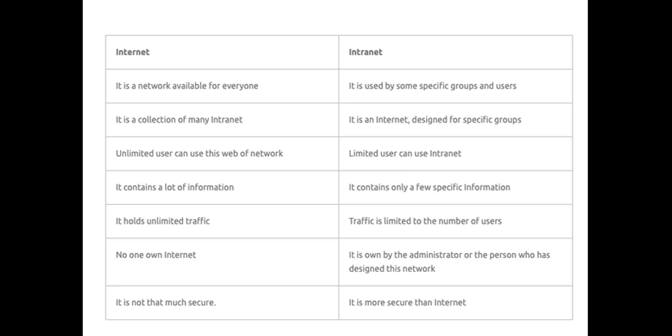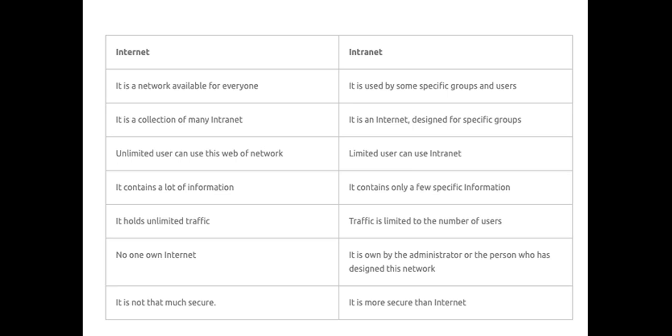So what is the basic difference between internet and intranet? The internet is a network available for everyone, that is, we can access it from anywhere. An intranet is used by some specific group of users, a limited number of users, and has limitations.